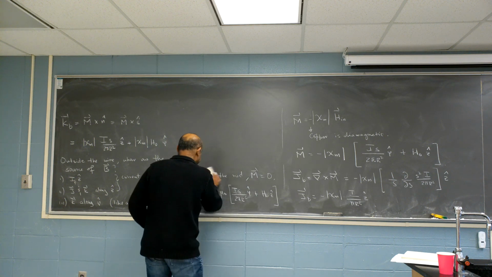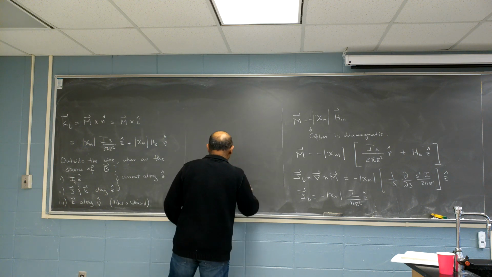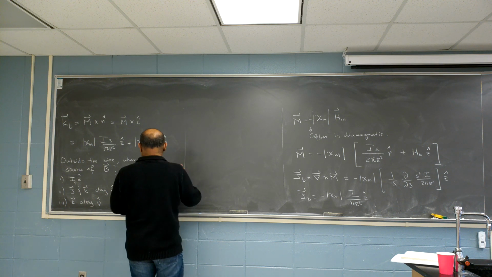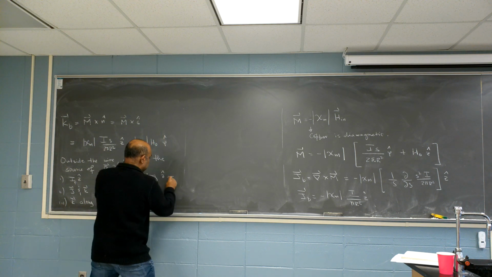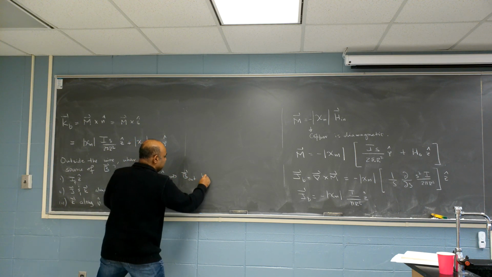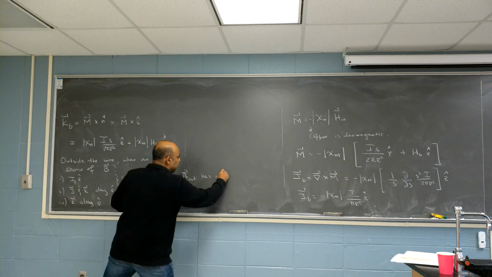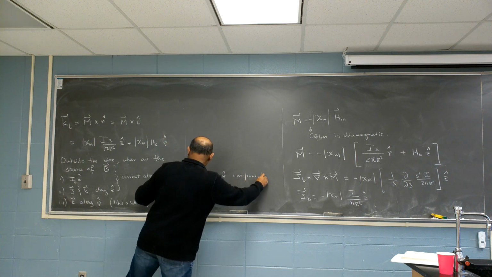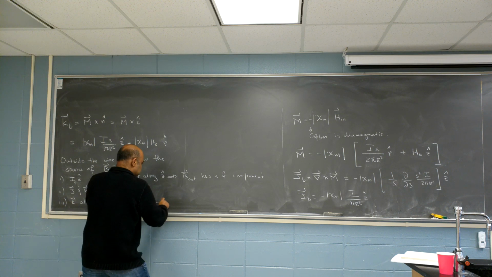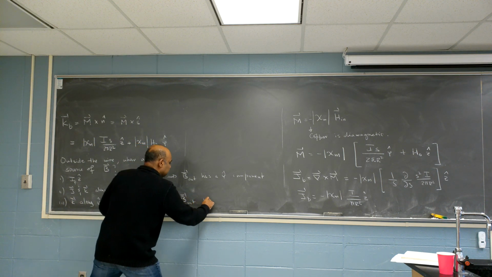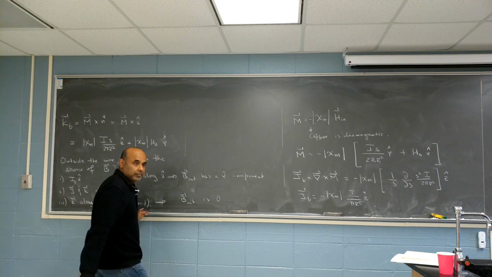Therefore, this implies B out has a phi hat component, and the solenoid part implies B out is 0.